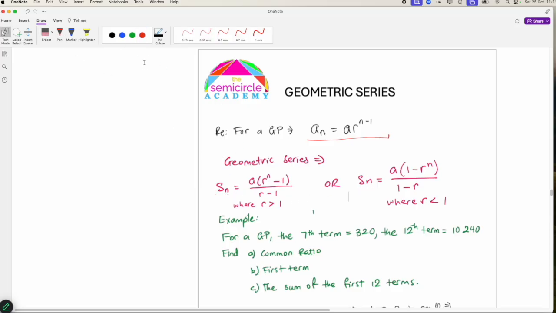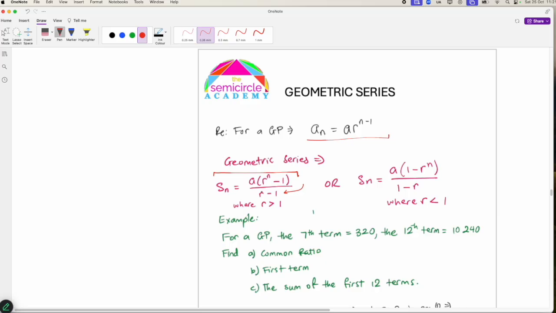Because when we do the proof for the sum of a GP, we get this rational function over r minus 1. So obviously in this case, r would have to be greater than 1.